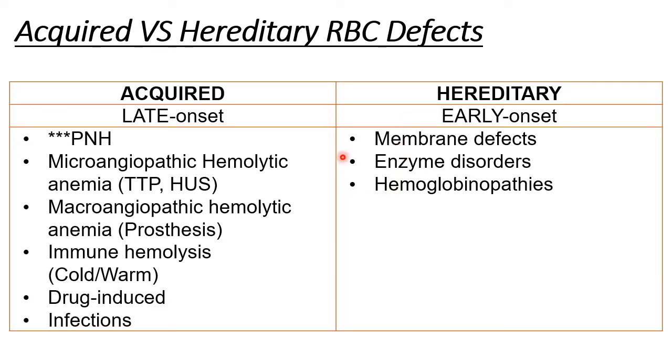Hereditary lang, tatlo lang ang tatandaan natin, okay? Membrane defects, ano yung mga under dito? Ulitin lang natin, no? Yung mga spherocytosis, elliptocytosis, and ovalocytosis. Enzyme disorders, G6PD and pyruvate kinase, and hemoglobinopathies, all of which can present at newborn stage pa lang.